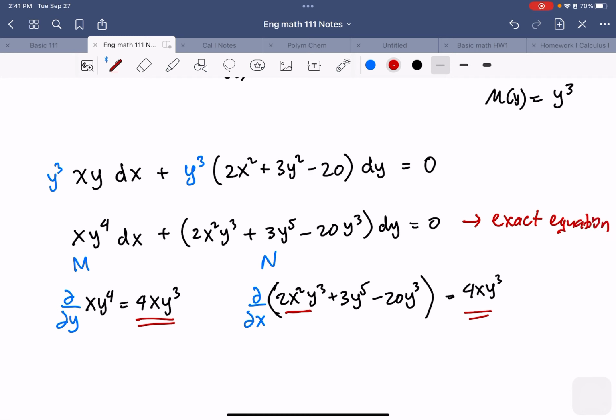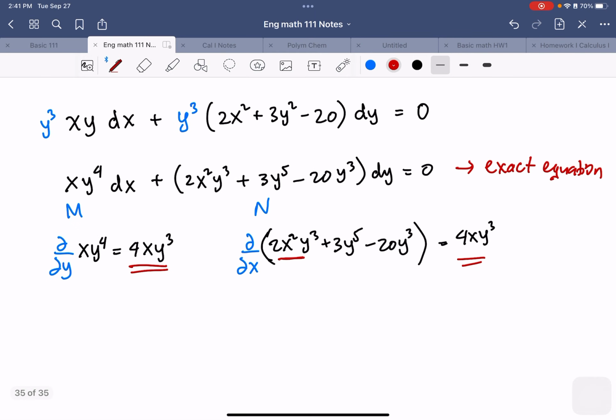which means we can continue our solution, okay? Continue our process. Either you choose the M or N, it doesn't matter. It should be the same result. So we are going to have, let's say, a proposed solution f(x,y).